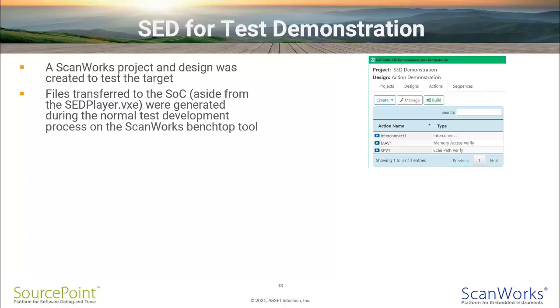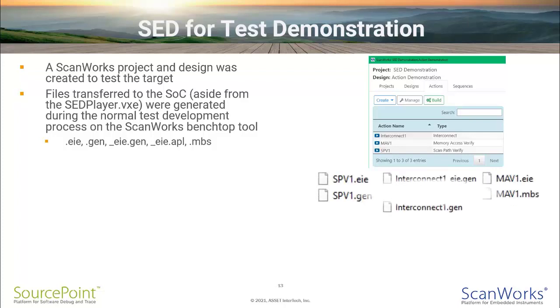And the files that I transferred over to the SoC, aside from the SED player, all those files were generated during the normal ScanWorks test development process using the benchtop tool. So there's no extra effort that went into creating the .eie, the .gen, the underscore eie.gen, the underscore eie.apl, and the .mbs file.